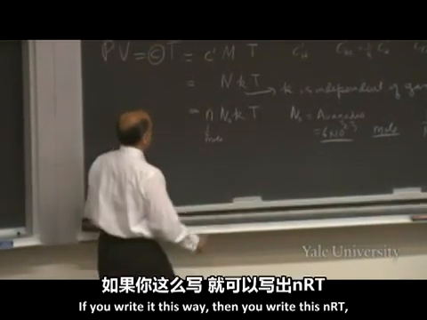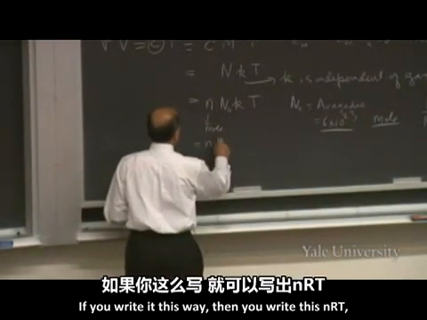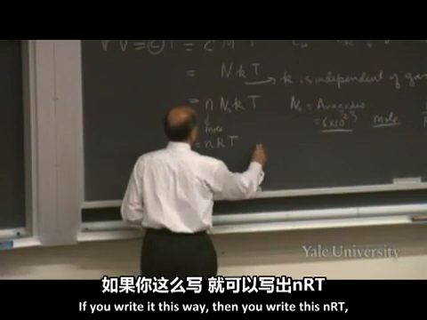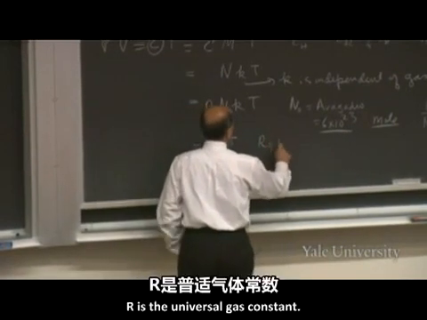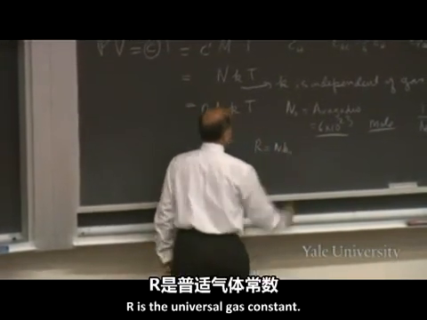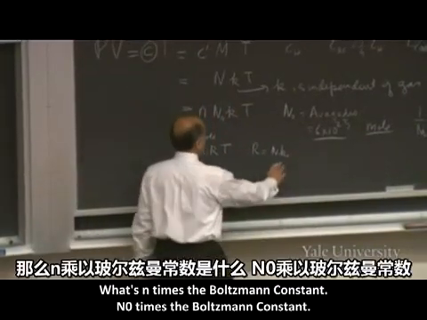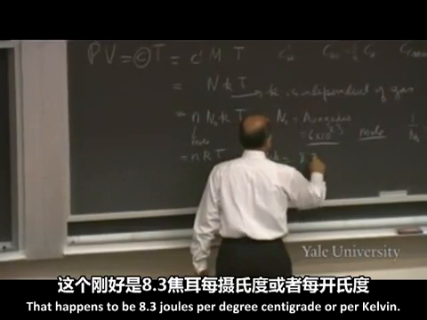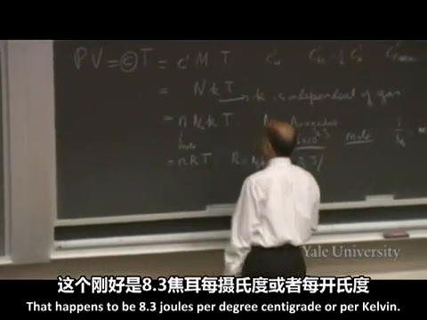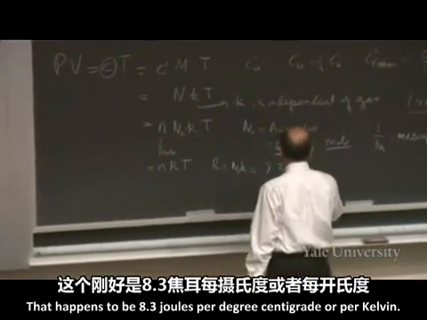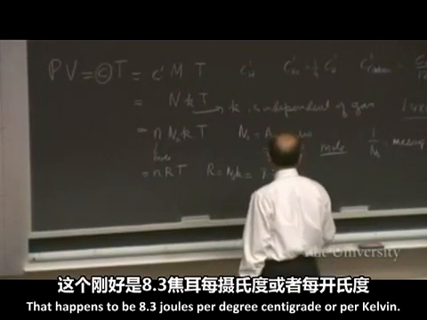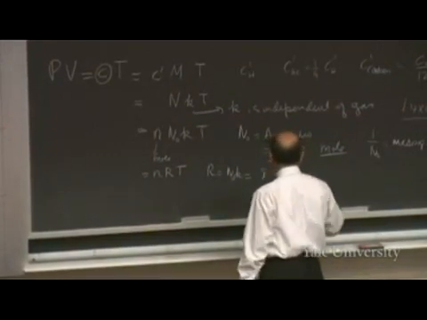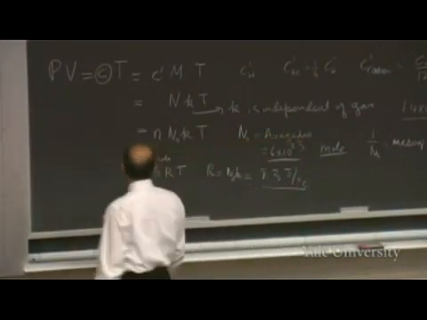If you write it this way, then you write it as nRT. R is the universal gas constant. It's n0 times the Boltzmann constant. That happens to be 8.3 joules per degree centigrade or per Kelvin. Right?